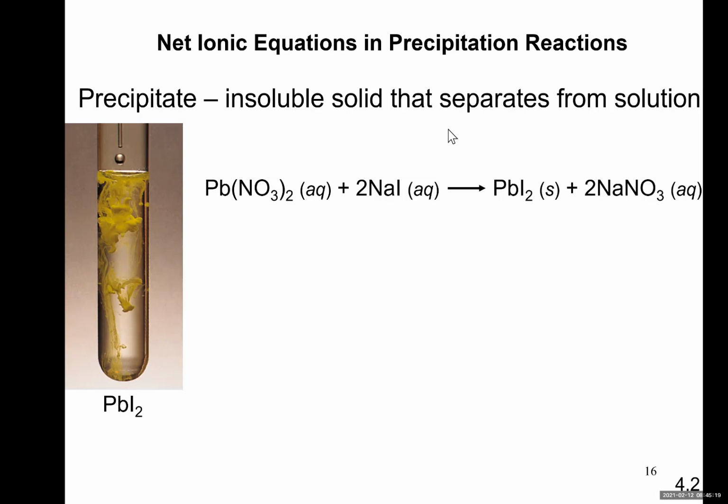we are starting with lead(II) nitrate, and this is the formula of lead(II) nitrate. As you see here, it's a water soluble solution. How do I show that lead nitrate is water soluble here? Aqueous means you have a water soluble solution.